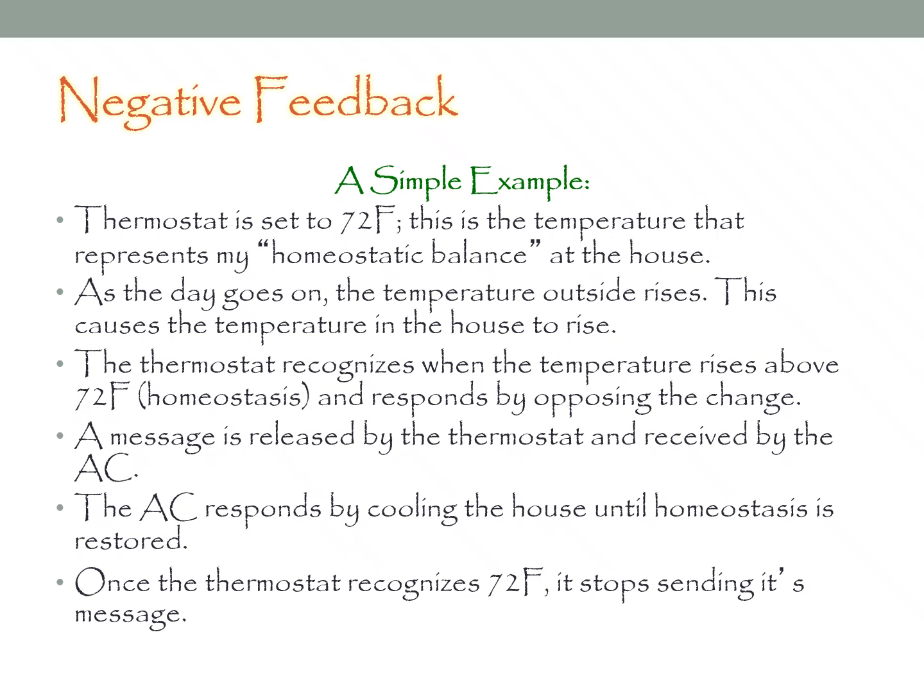So the message it relays to the air conditioning unit is that we need to cool. So the air conditioning unit sends cold air and the thermostat keeps reading the temperature. And once the thermostat now reads the temperature of 72, it simply stops sending a message that there's something wrong and we're back to homeostasis.